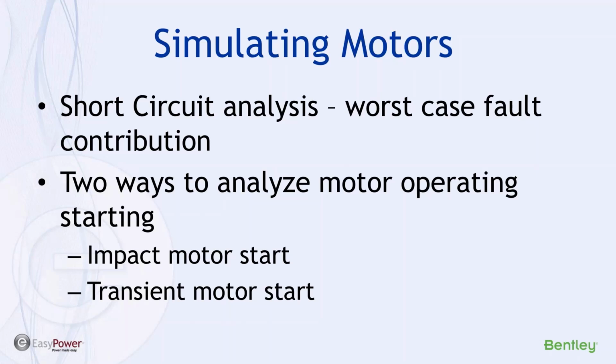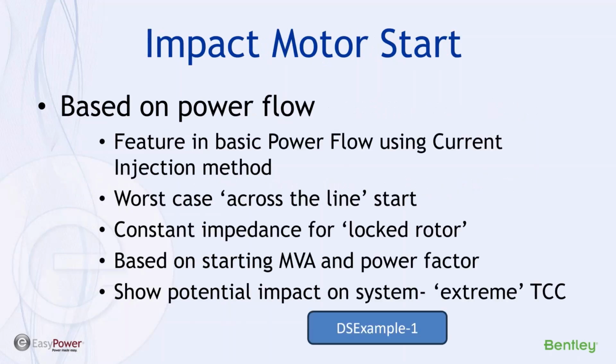Impact motor start is an instantaneous check in time where the tool will calculate basic power flow using the basic current injection methodology, but it does so at the worst case across the line start point where we have a locked rotor draw on the system, and so the impedance is based upon the starting MVA and the power factor that the manufacturer, the typical value that a motor manufacturer will have for power start.